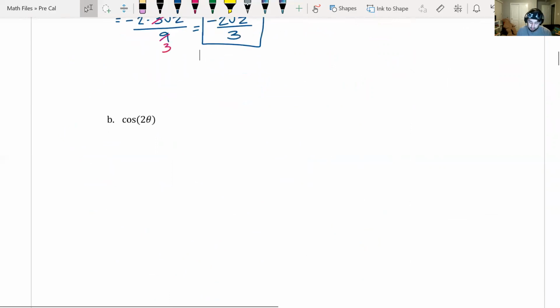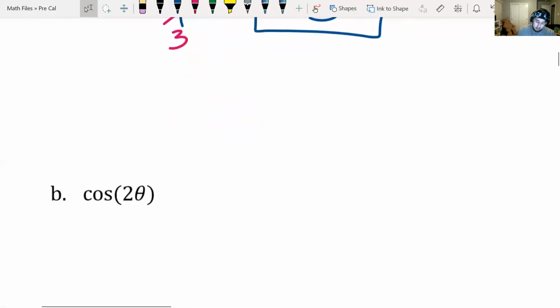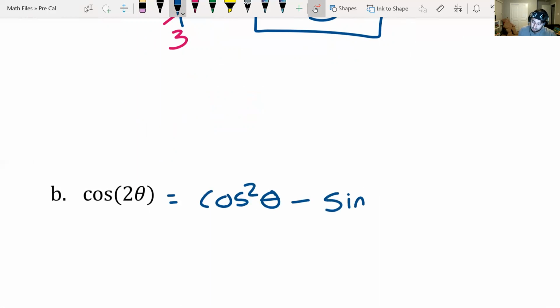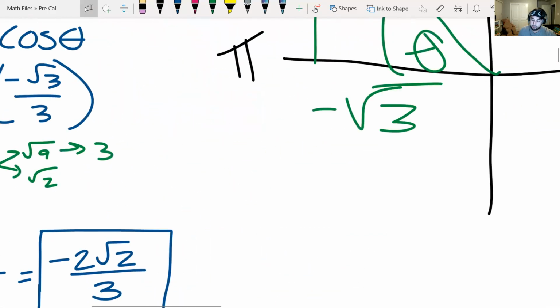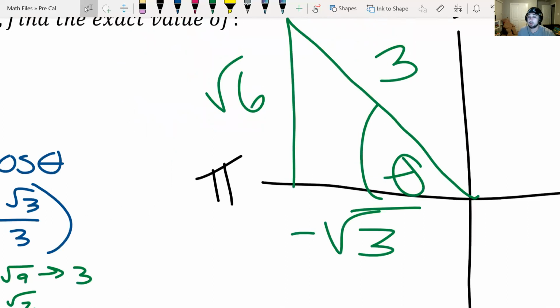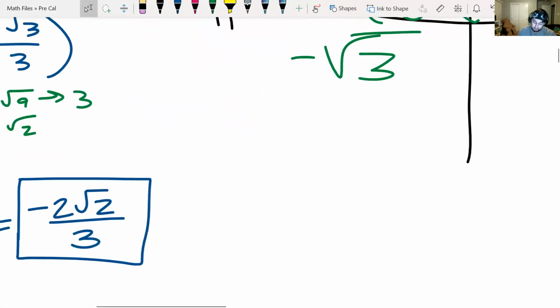Cosine squared minus sine squared. So this becomes cosine squared theta minus sine squared theta. And from the above, we know that cosine is negative square root of 3 over 3, adjacent over hypotenuse.